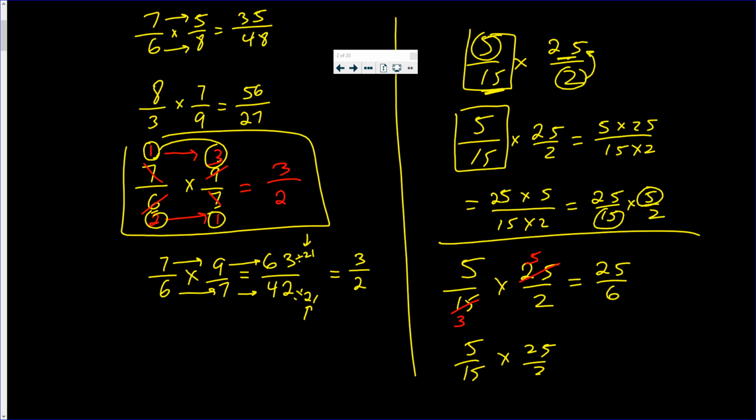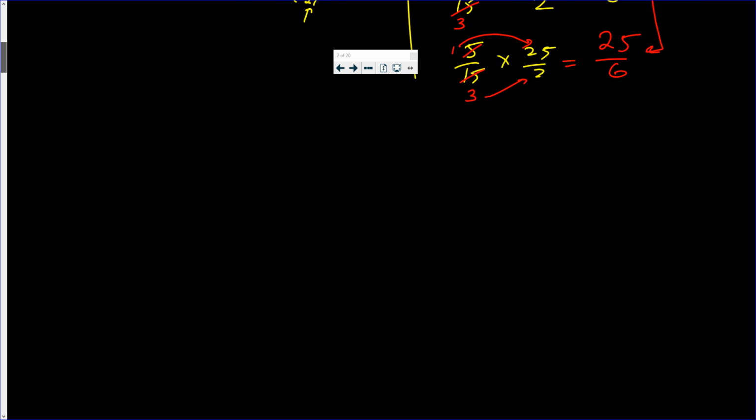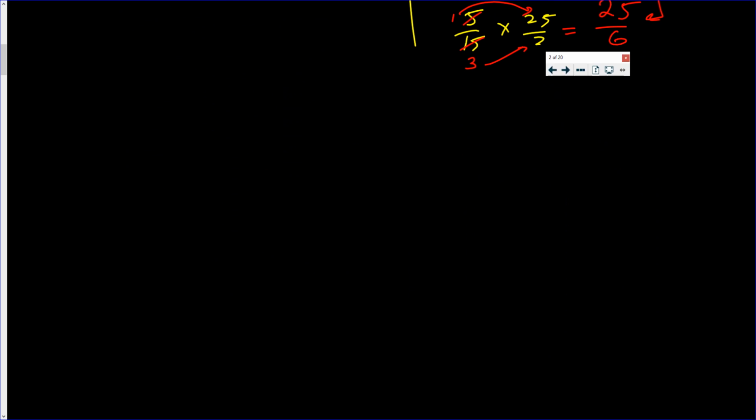Over here, I can say, oh, 5 goes into both of those numbers 1 time and 3 times. 1 times 25, 3 times 2. Look at that. I got the same answer. It's not just one way of doing problems. You can cancel any way that you like.